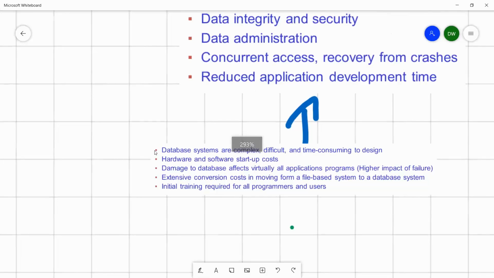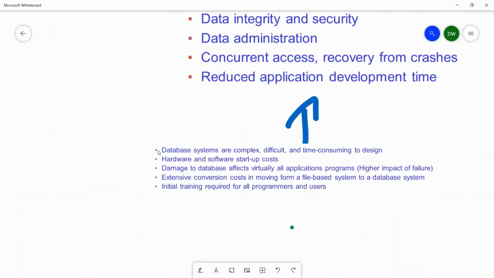The disadvantages can be taken as complex, difficult, and time consuming to design. So next week onwards, you will be designing this kind of database. When we design, it becomes a little bit complex compared to maintaining a simple manual file, right?